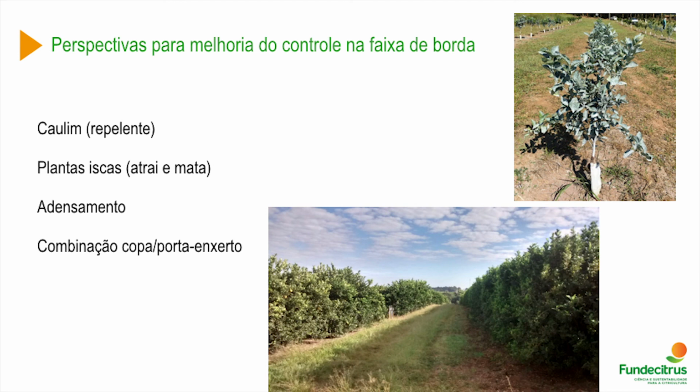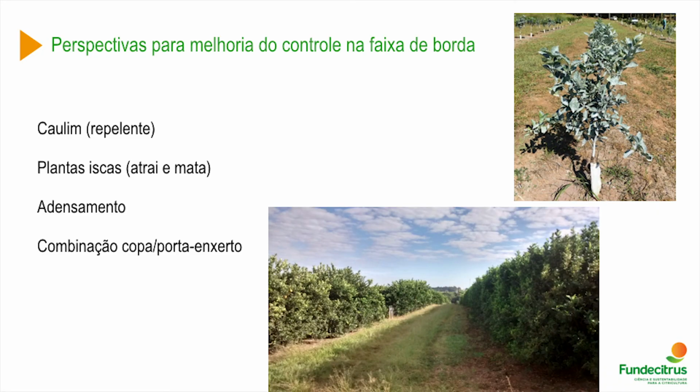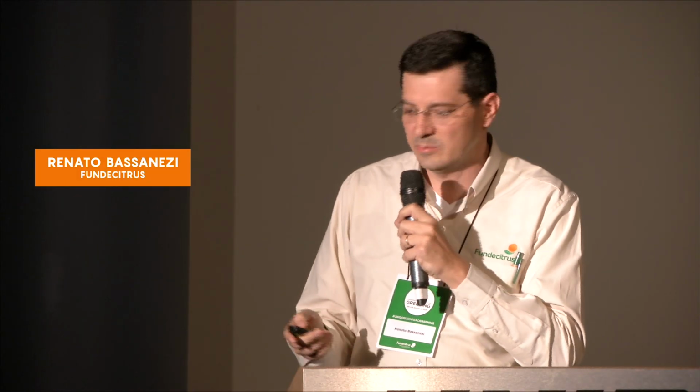It could be a Murraya SSP barrier, for instance, and maybe here a resistant or repellent plant associated with choline, maybe thinking about higher plant density in the border, because you know you will lose more plants there. You have to close that area to have it more dense. And also you may have the canopy rootstock combination that also will help avoid the psyllid going into the farm.